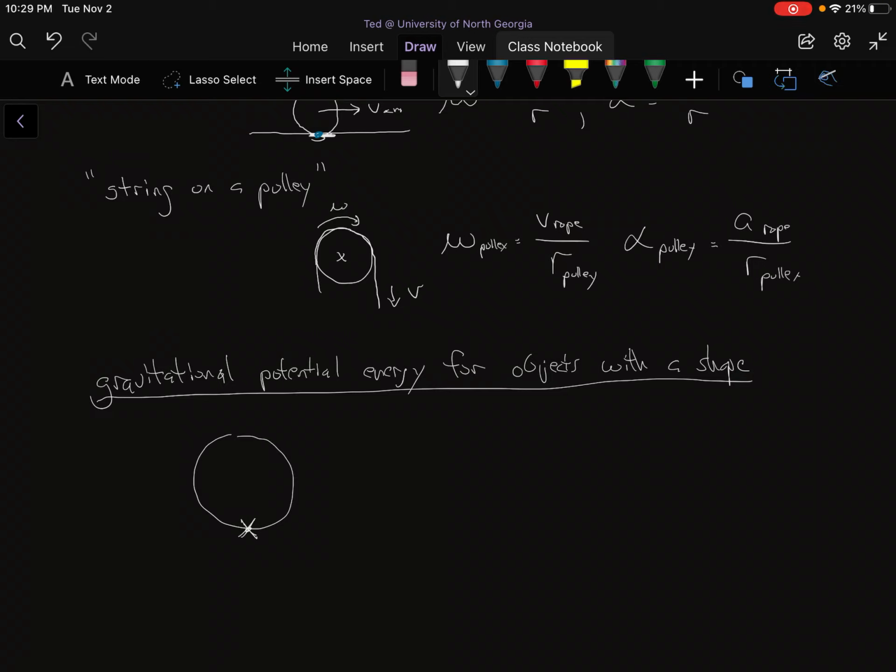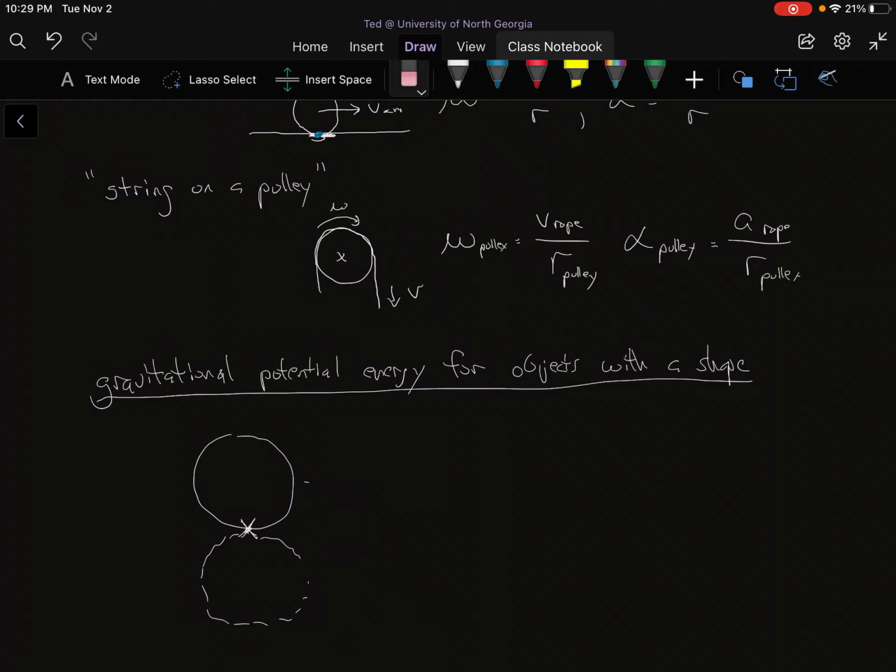But if it's just off balance a little bit, this thing's going to start rotating around that pivot. And as it rotates around, it's going to end up there at the bottom.